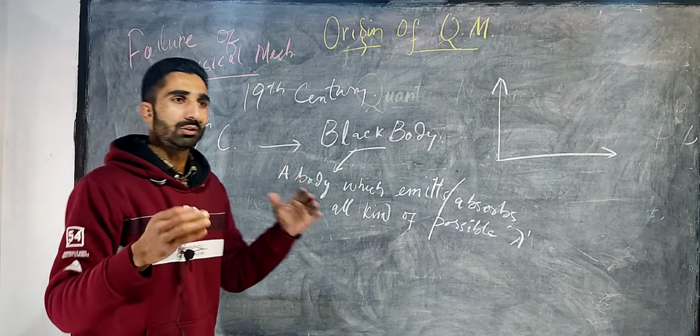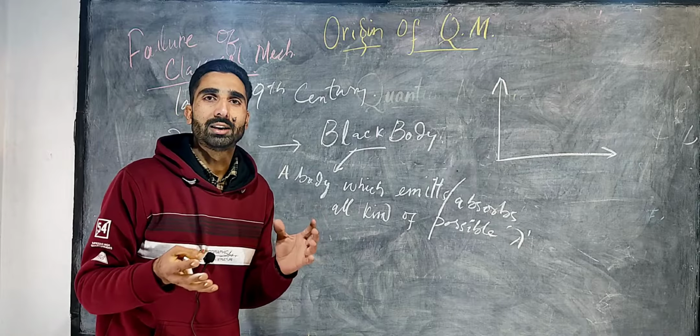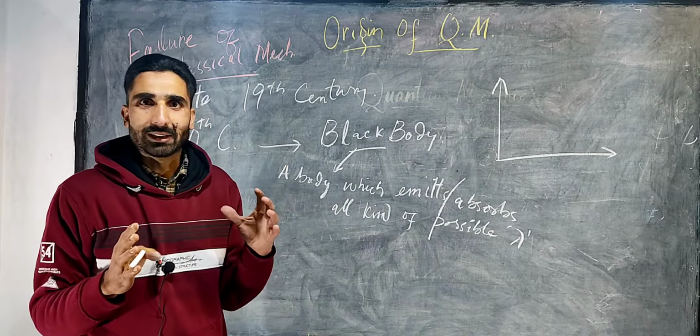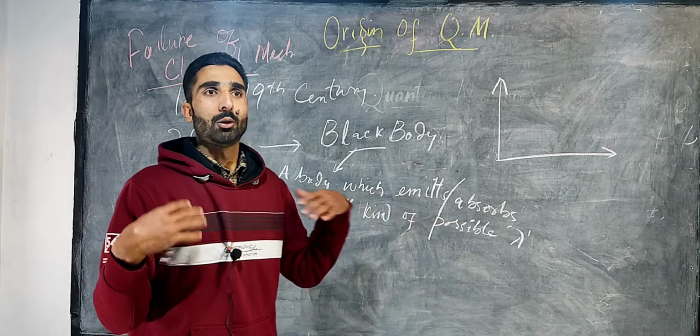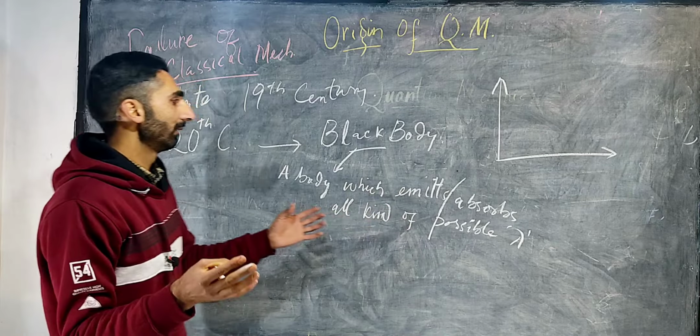So a body which absorbs all kinds of electromagnetic radiation as well as emits at the same time. It can emit all kinds of wavelengths possible.